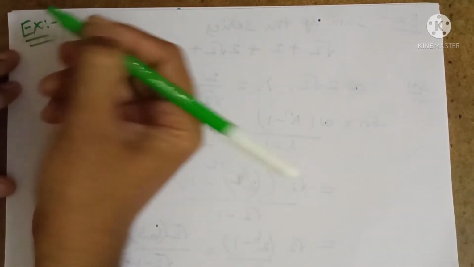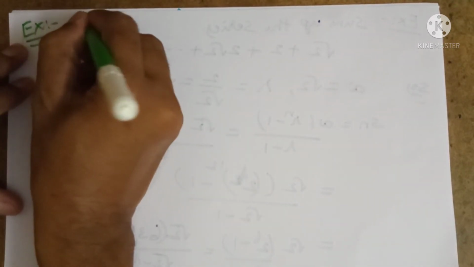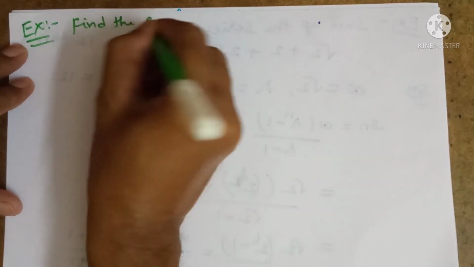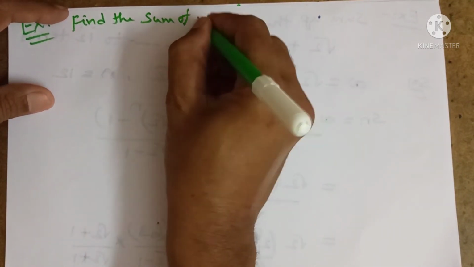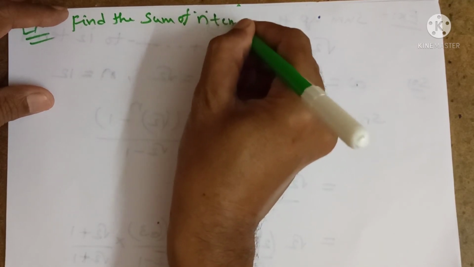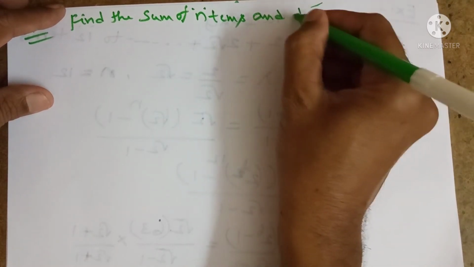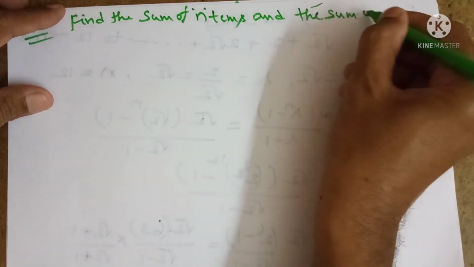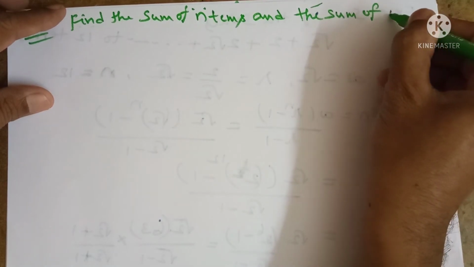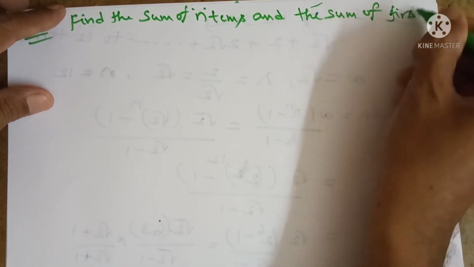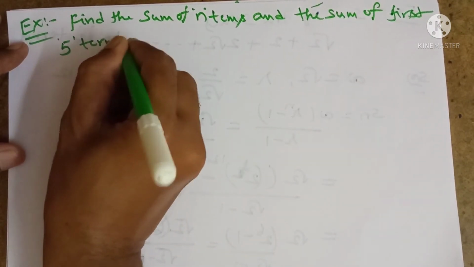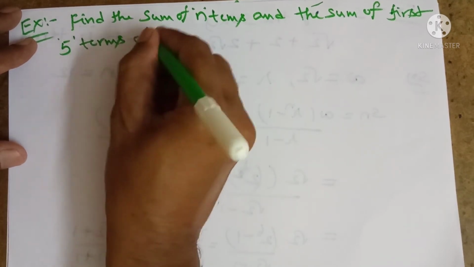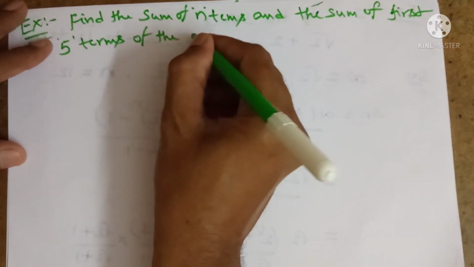Example: find the sum of n terms and the sum of the first 5 terms of the series.